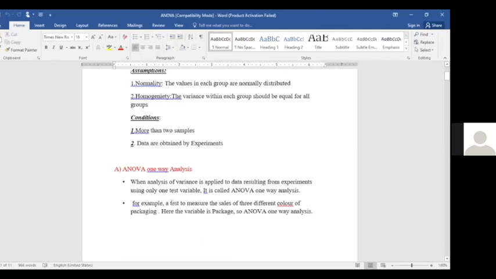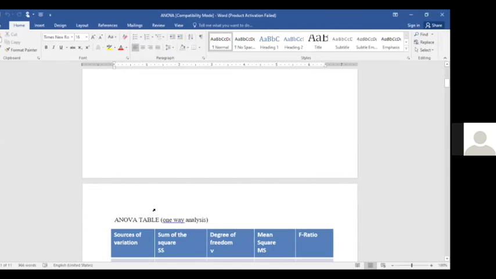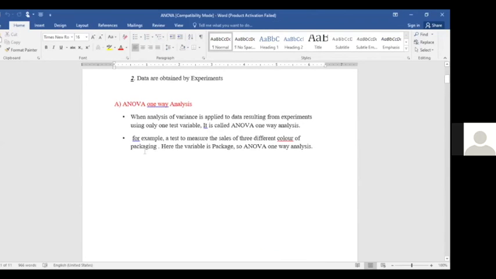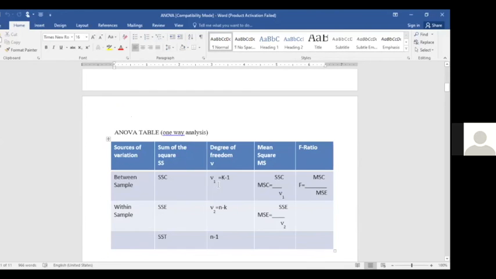For example, a test to measure the sales of 3 colors of packaging. Here the one variable is packaging, so ANOVA one way, like this.